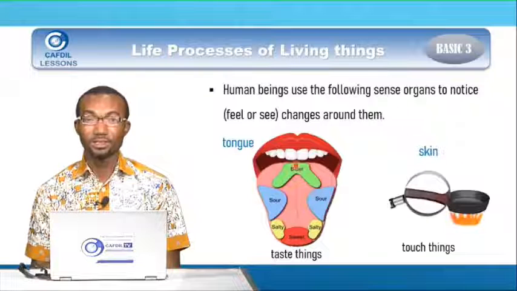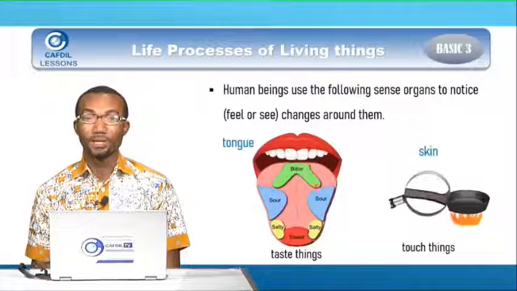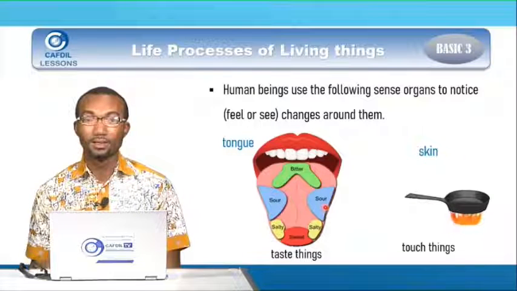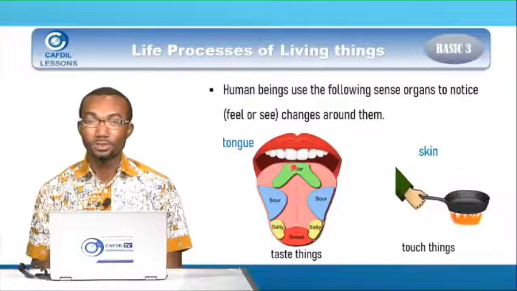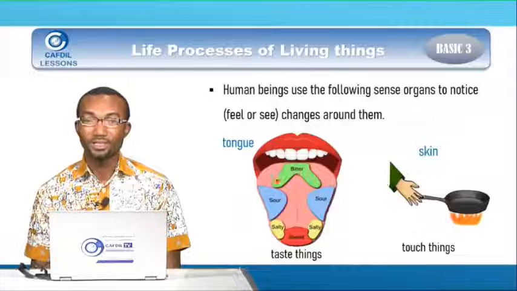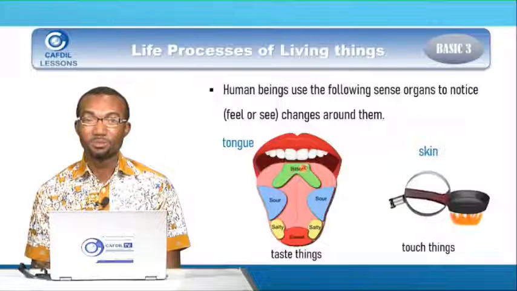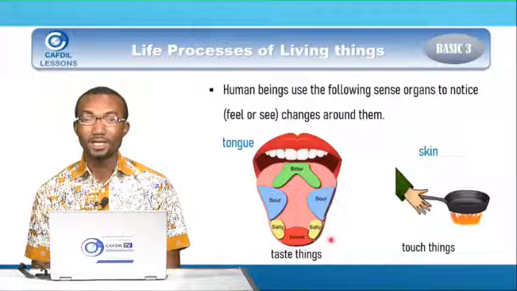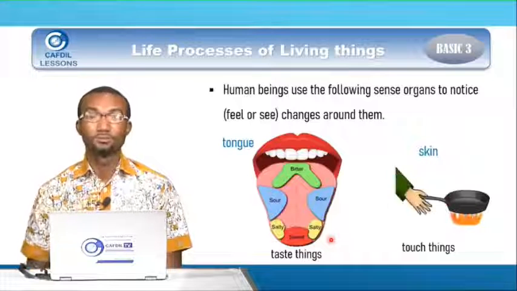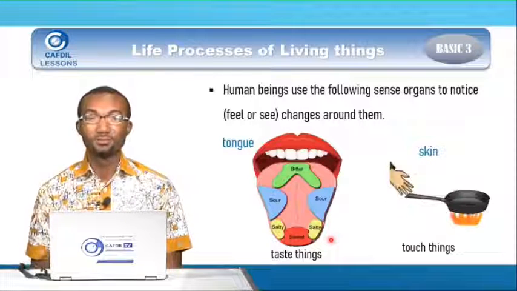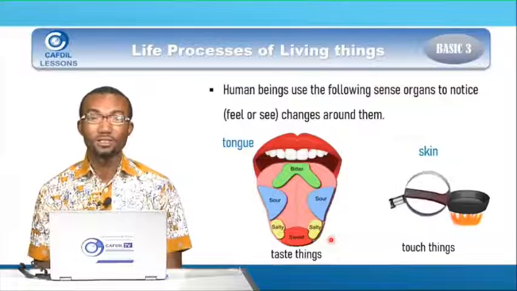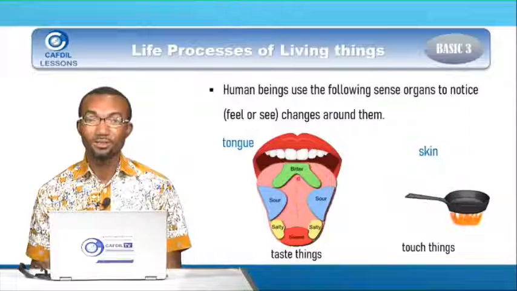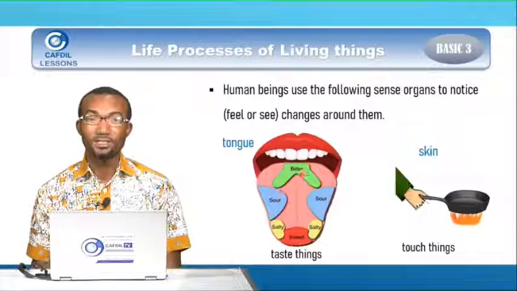And if I put anything in my mouth, like medicine, that is very bitter, this part getting to your throat is where bitter things can be felt on your tongue. So even the tongue that you have is divided into parts, and that makes you sensitive. So being sensitive is a life process of living things. You see how God created your tongue with parts to taste different kinds of things.